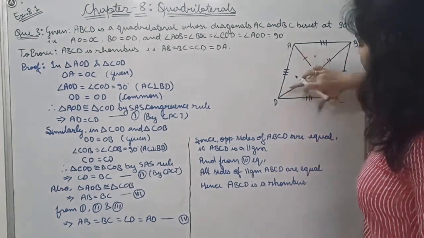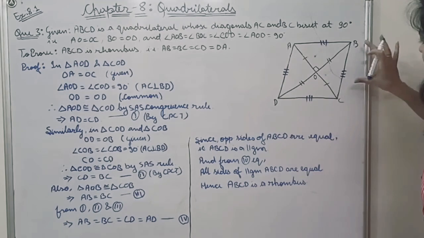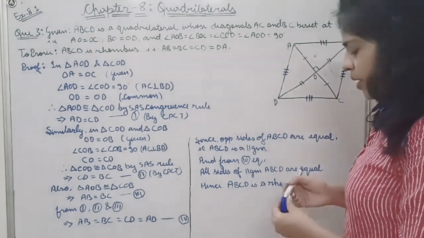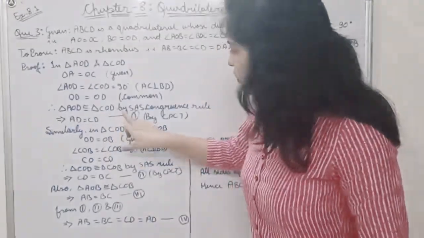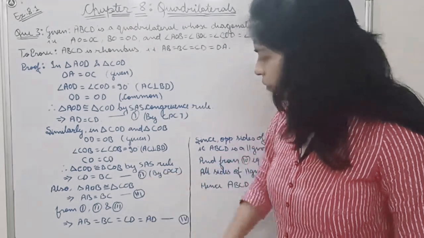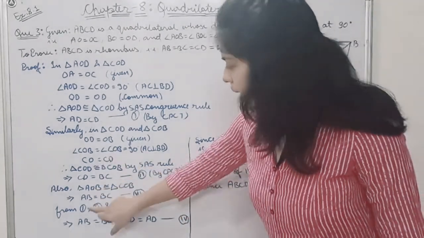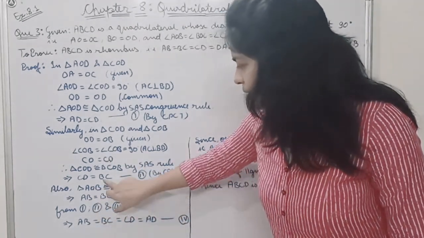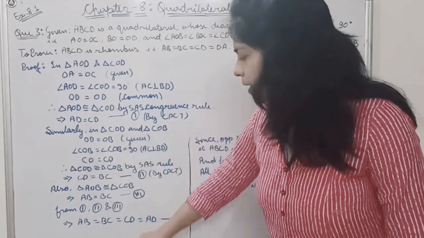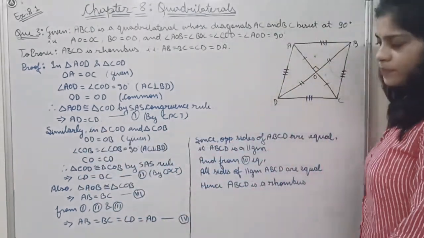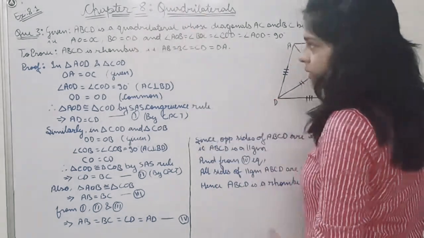Now AD is equal to CD and CD is equal to BC and BC is equal to AB, means from the first, second and third equation we got AB is equal to BC, BC is equal to CD, CD is equal to AD, means all four sides are equal of this quadrilateral ABCD.